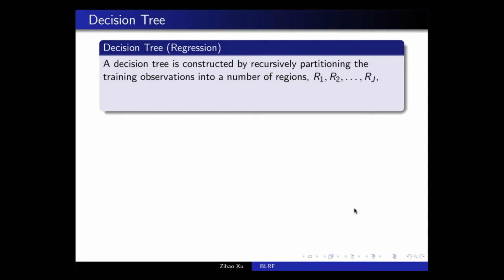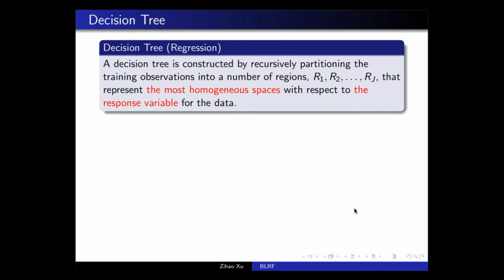We call these regions R1 to Rj. And these regions are constructed such that they represent the most homogeneous spaces with respect to the response variable of the data. So essentially, we're trying to break down the data into small groups where the data points are close to each other in terms of their Y values.